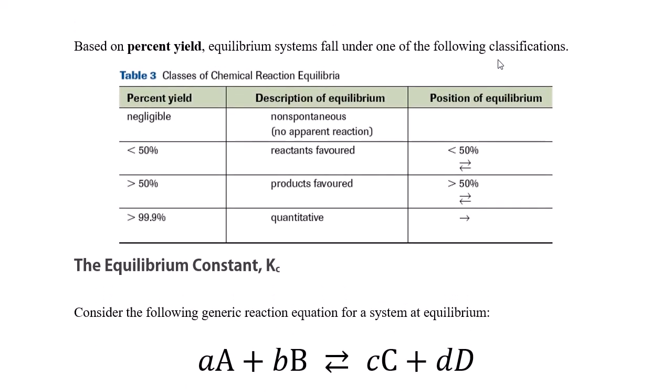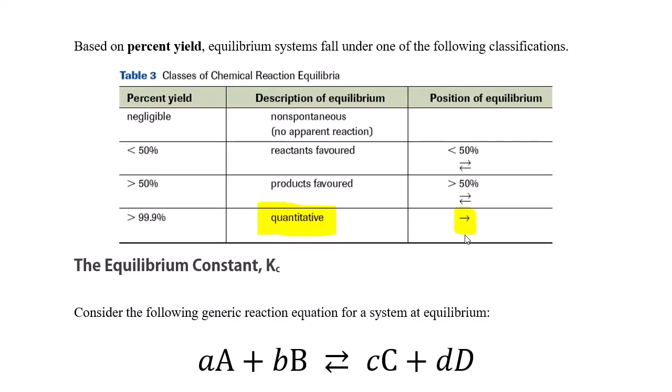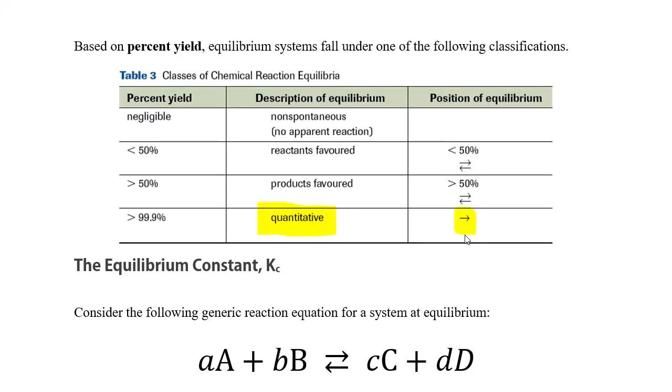And so based on the percent yield, we can classify systems in one of these categories. If a reaction goes essentially 100%, we would say that the reaction is quantitative. And then we could use the regular plain Jane reaction arrow that we've used before, because we just say it basically just goes. But if I'm using an equilibrium arrow like this, then I can identify usually where the position lies.